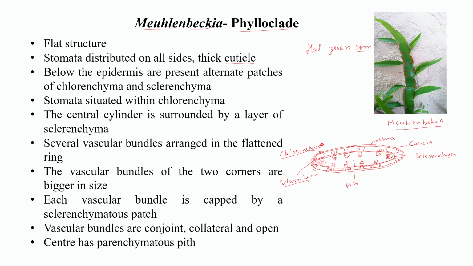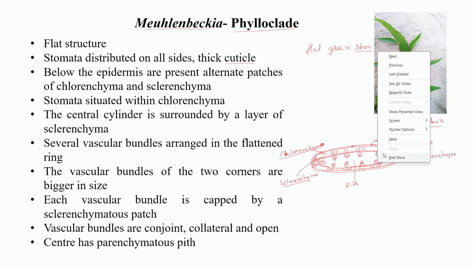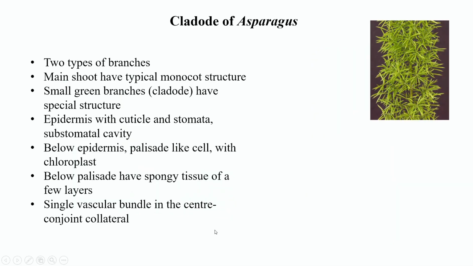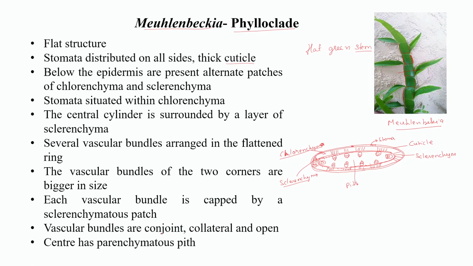Now, these vascular bundles, the ones on the side will be slightly bigger in size, and they will be conjoined, collateral and open. That means each vascular bundle will have phloem, cambium and xylem.